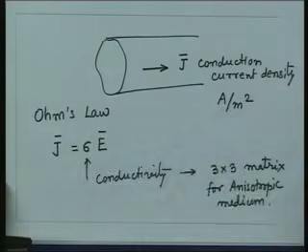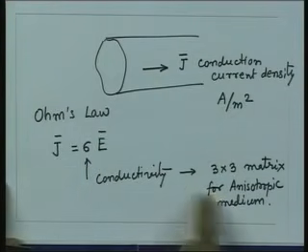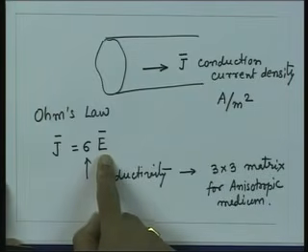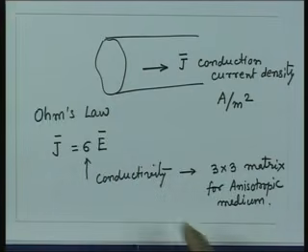Same is true for the conduction current density and the electric field: if the medium is anisotropic, then the direction of the electric field is not the same as the direction of the conduction current density.